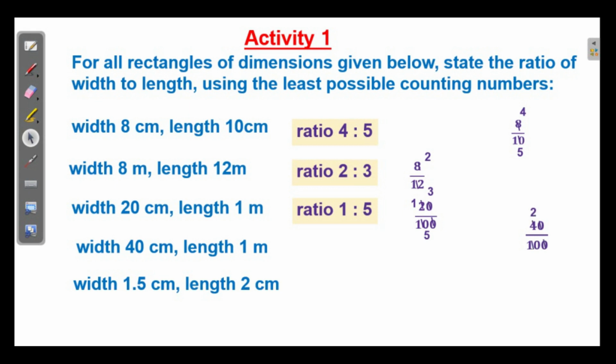So the ratio is 2:5. And here 1.5 and 2. 1.5 we have to make as a whole number, natural number. How? Multiply by 2. So 2 is also to be multiplied by 2. So 3 by 4, that is 3:4.